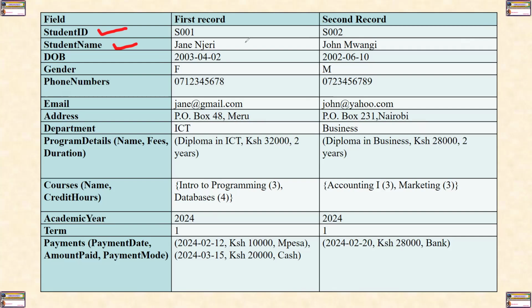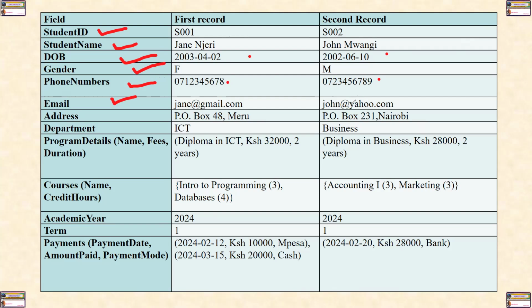Then we have date of birth for each student. We have the gender, which is F for female, M for male. We have phone numbers. Remember, a single student can have more than one phone number. So we have the phone number for Jane, and the phone number for Mwangi here. Email.